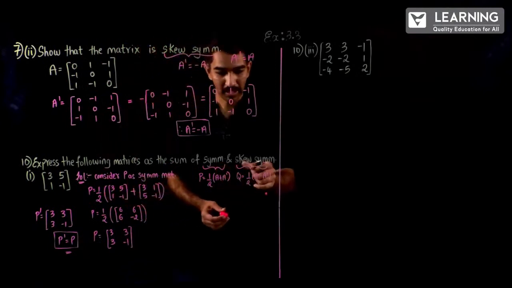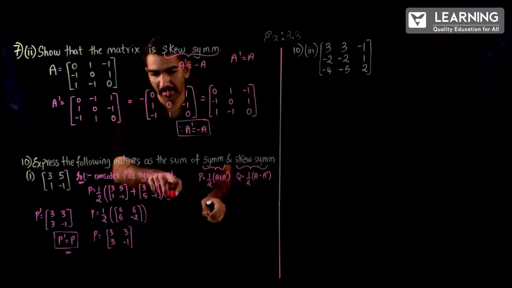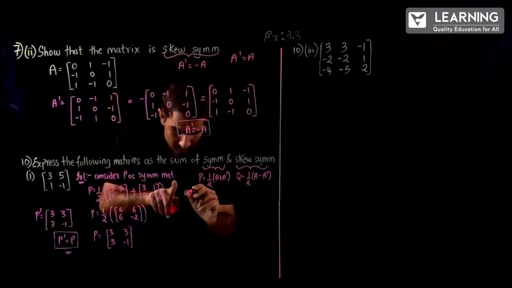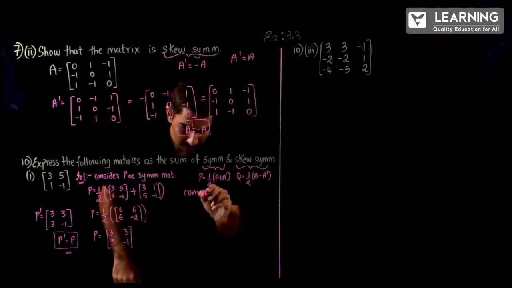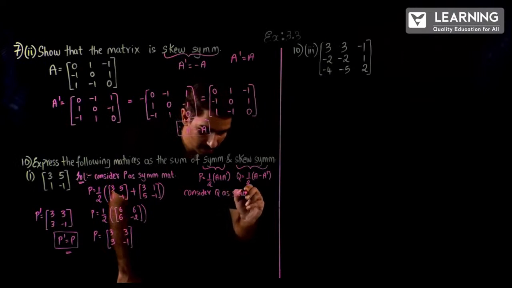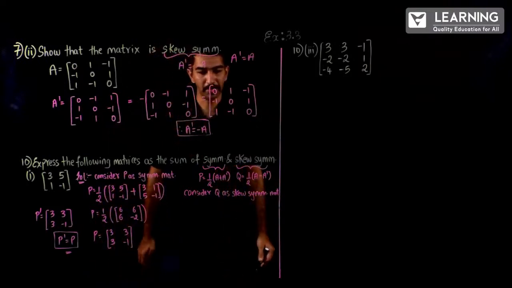Okay. So coming to the skew symmetric matrix. Here we considered P as a symmetric matrix, right? Now we'll consider Q as a skew symmetric matrix. Consider Q as a skew symmetric matrix.